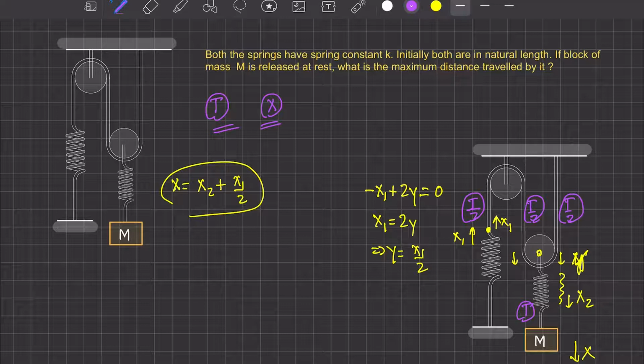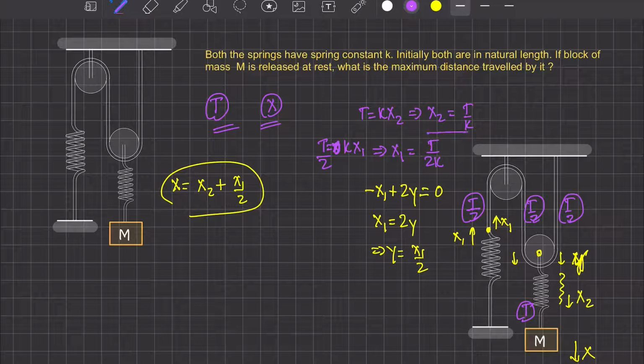So we can write T equals K x2, or x2 equals T by K. Similarly, T by 2 equals K x1, or x1 equals T by 2K.